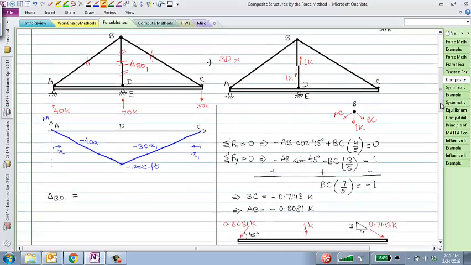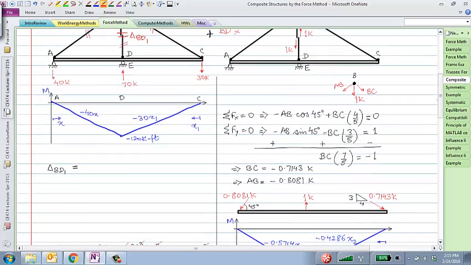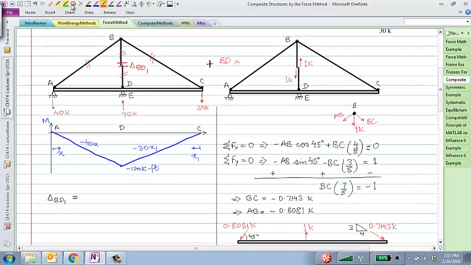To find that out, I'm going to use the virtual work method, apply equal and opposite unit loads out there, and figure out all the internal forces. This is also a determinate structure because I have that cut here. And then I can use compatibility to solve for that internal force. Okay, so let's do that.